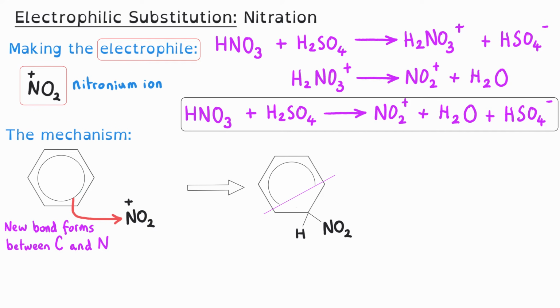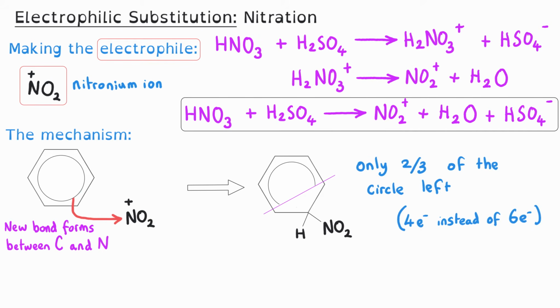And so what I'd like you to do is imagine that there was a line across the benzene ring dividing it 2/3 on one side and 1/3 on the other. And so the benzene ring's delocalized pi cloud now cannot extend beyond this purple line. And so that's why I've got an incomplete circle now to show that we've got 2/3 of the electrons that we had before.